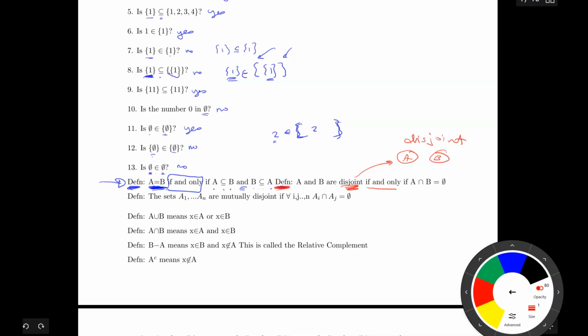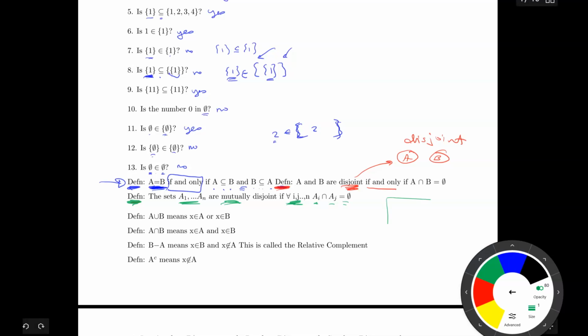Okay. So these sets, let me use a different color here. So then there's a new definition. So I have many sets, n sets. They're called mutually disjoint. If I take any i, j all the way up through n, I take the intersection between any of them, and it's the null set.